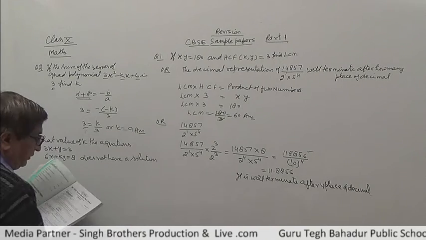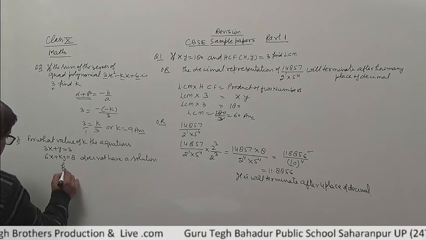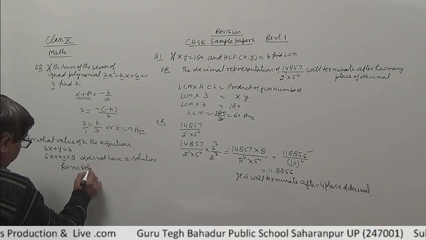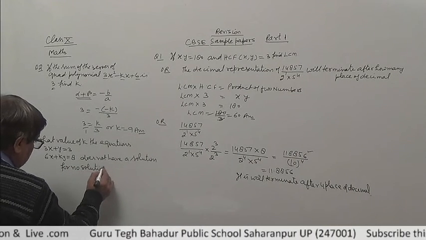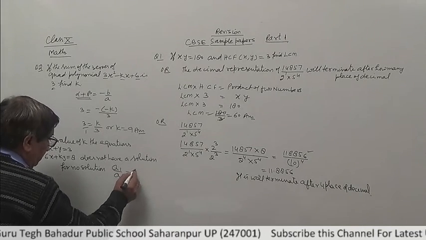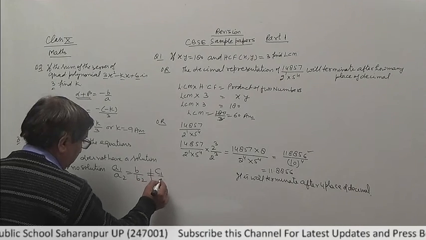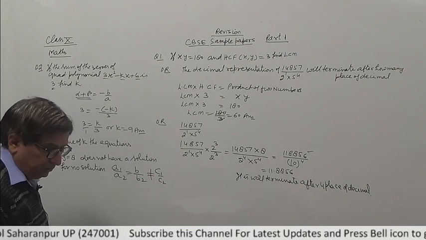For no solution, a1 upon a2 is equal to b1 upon b2 but not equal to c1 upon c2.